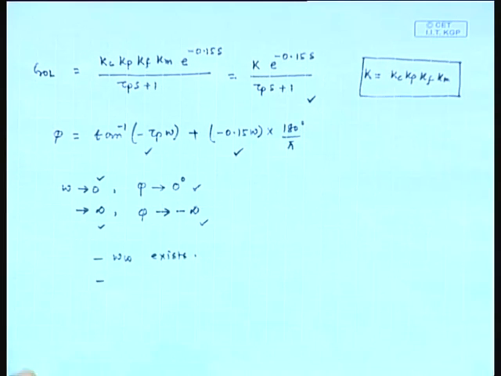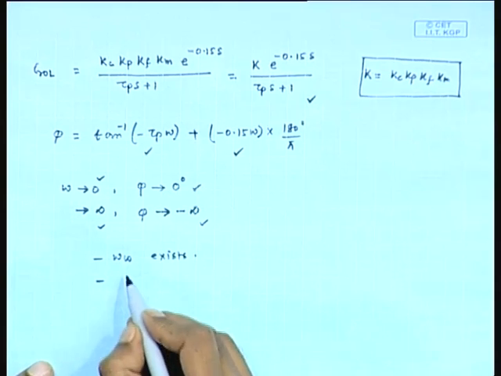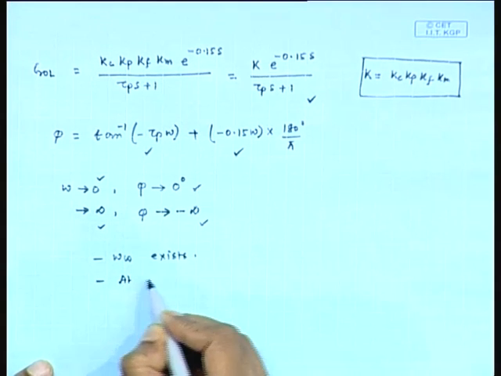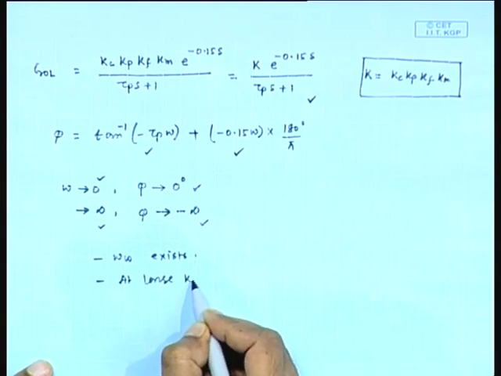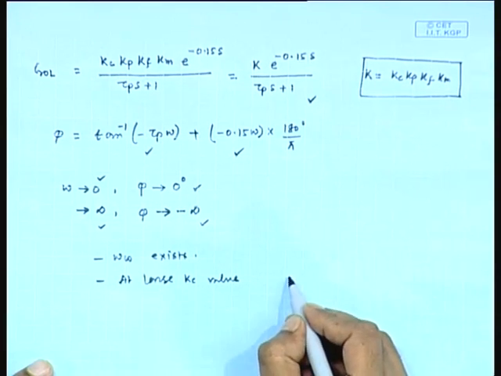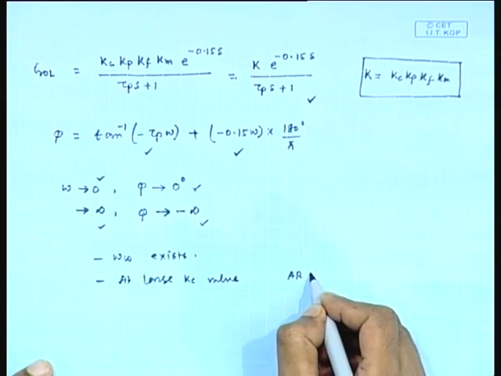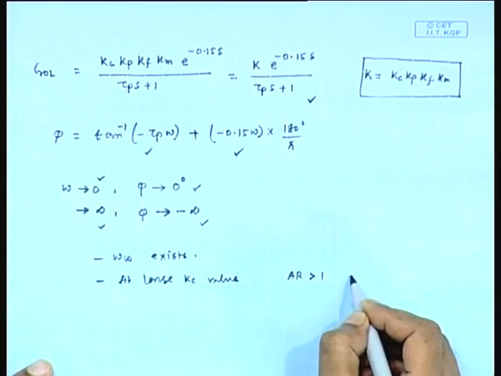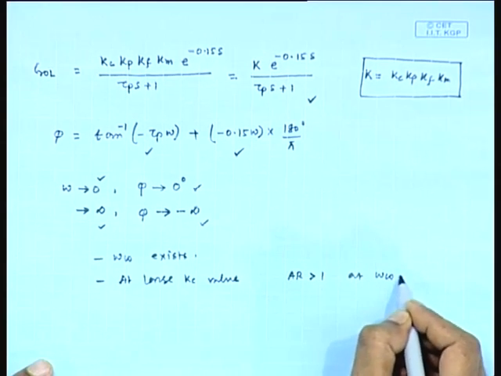Now, at large value of Kc, the amplitude ratio may become greater than 1 at crossover frequency.